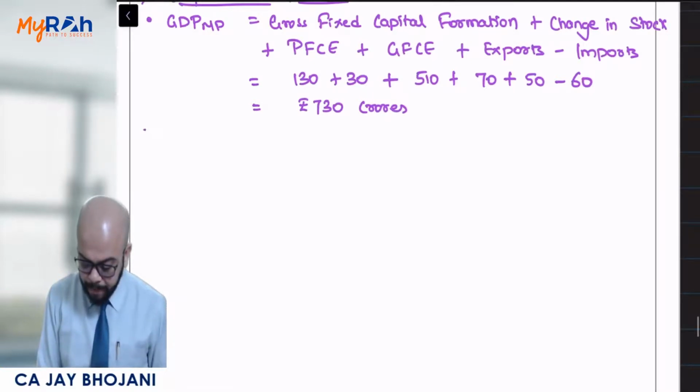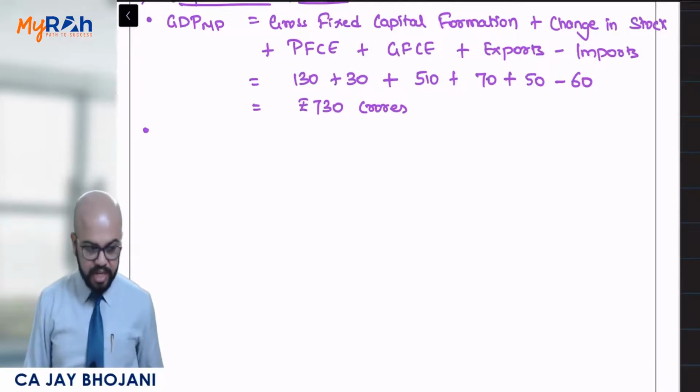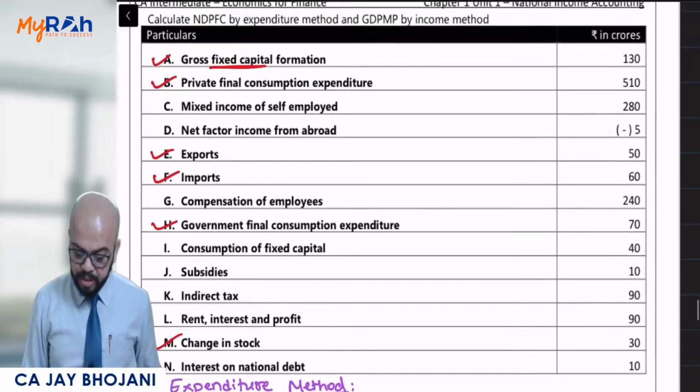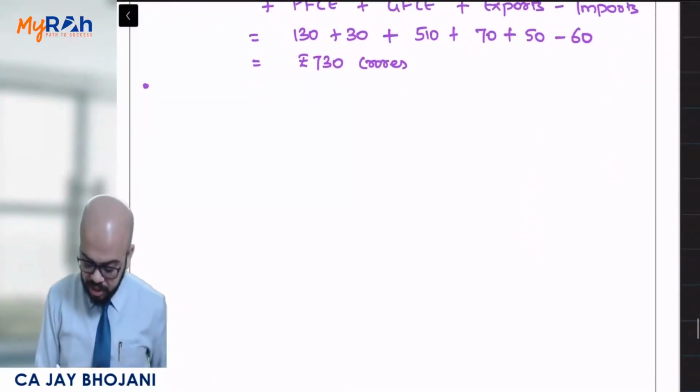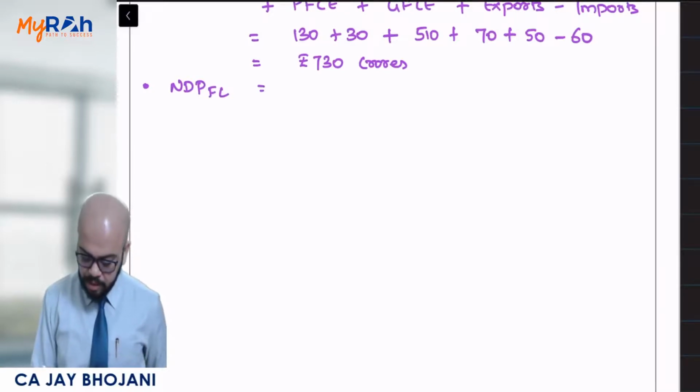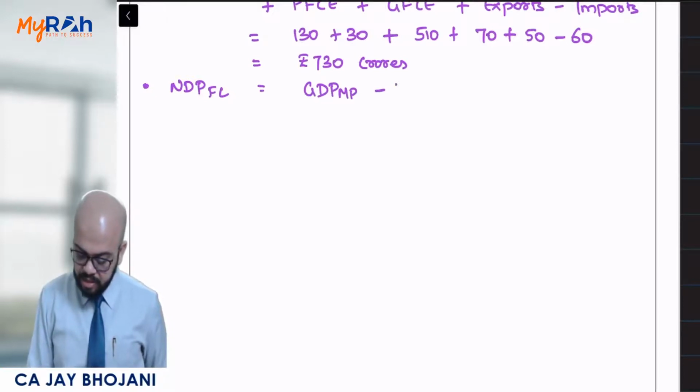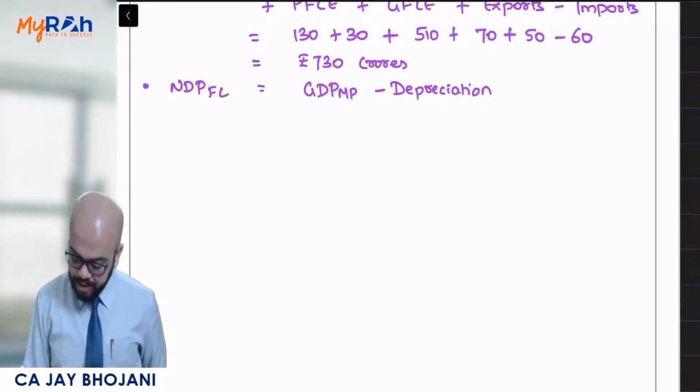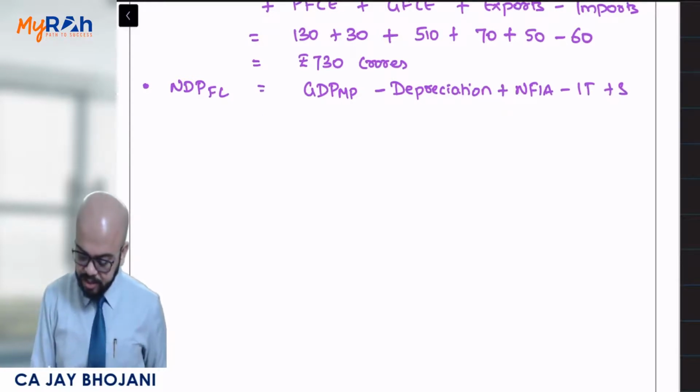From this, I can calculate whatever is asked from me. By expenditure method, we are required to find out NDP-FC. NDP-FC is GDP market price minus depreciation plus NFIA minus indirect tax plus subsidies.